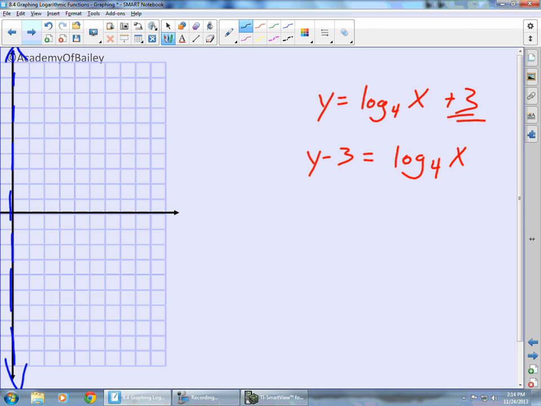And when you do that, now we can go ahead and say 4, the base, raised to this power, y minus 3, and that's going to be equal to x. There you go.